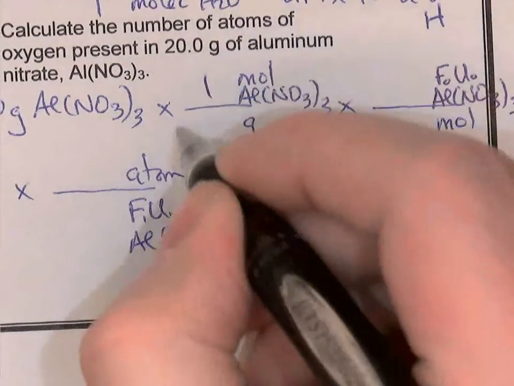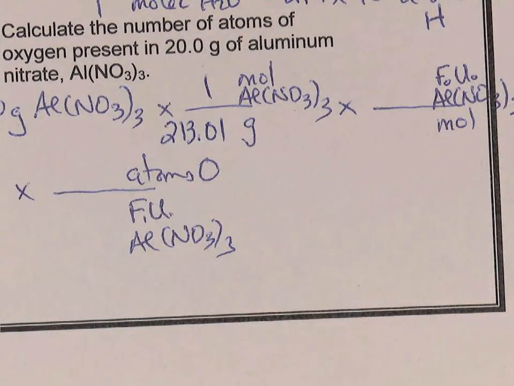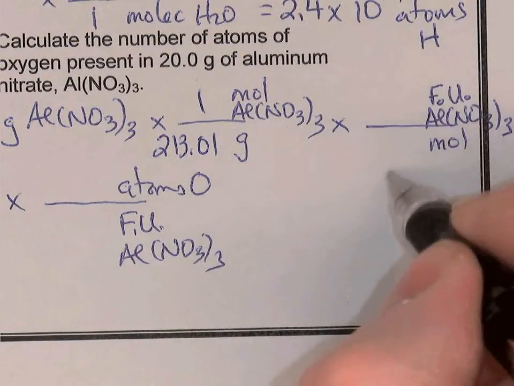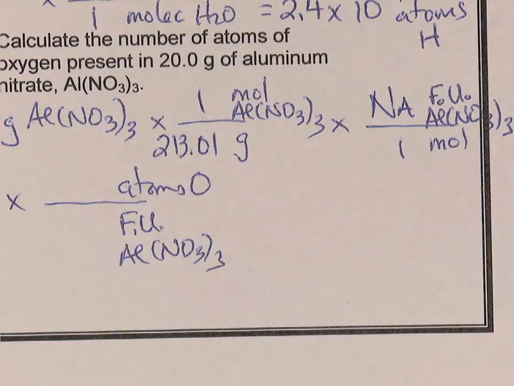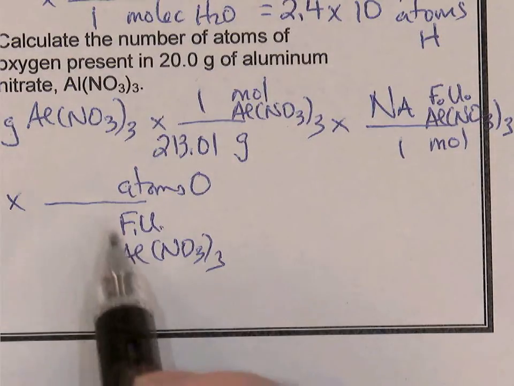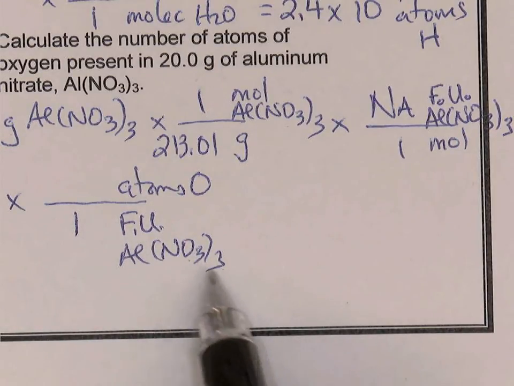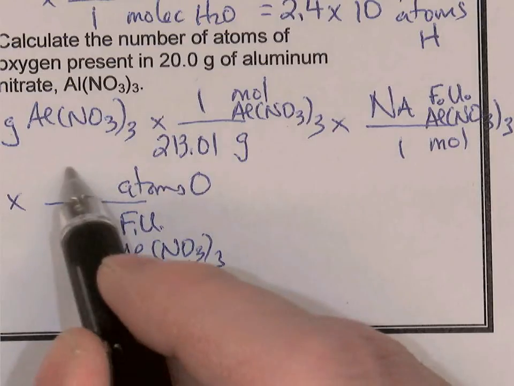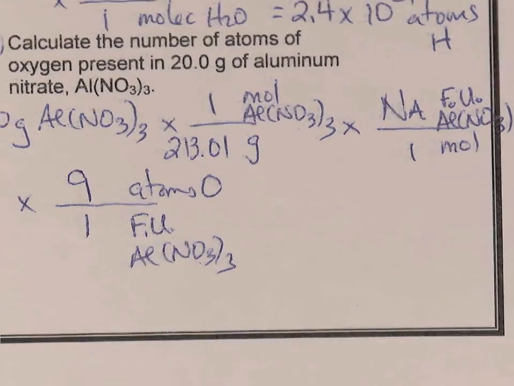So 1 mole is 213.01 grams. Avogadro's number, 1 mole has Avogadro's number of formula units. And finally, looking at the chemical formula, in 1 formula unit of aluminum nitrate, there are how many atoms of oxygen? Well, 9. We just said that. 3 times 3, 9 oxygens.